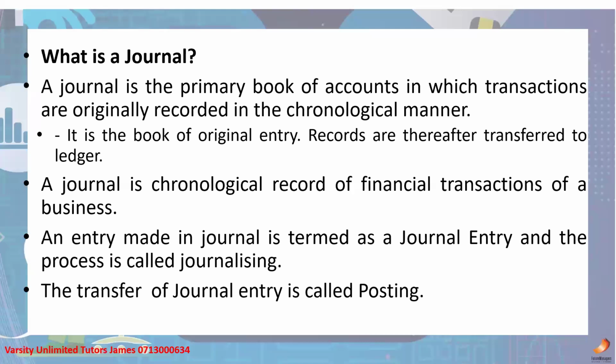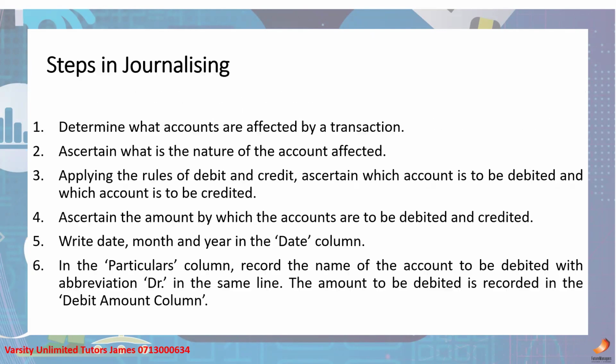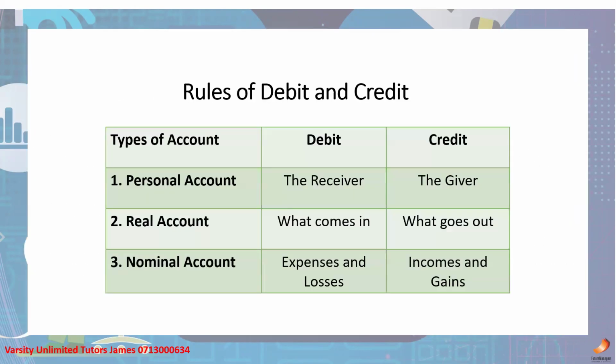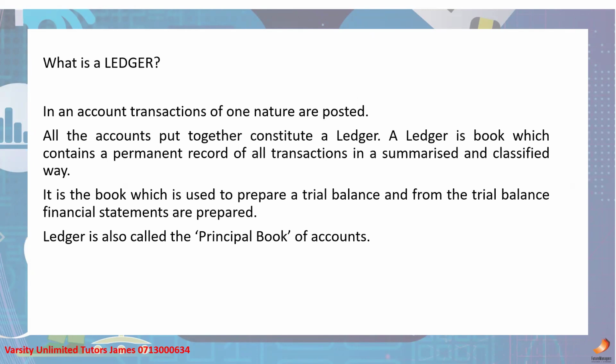Then at the end of maybe a month, you are going to take your entries from these journals and put them in what is called a ledger. A ledger is an account that gives you a summary of what happened in a particular part of the business.